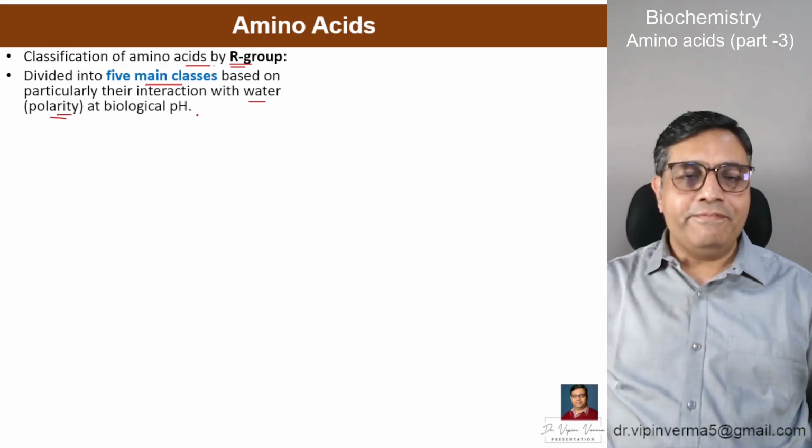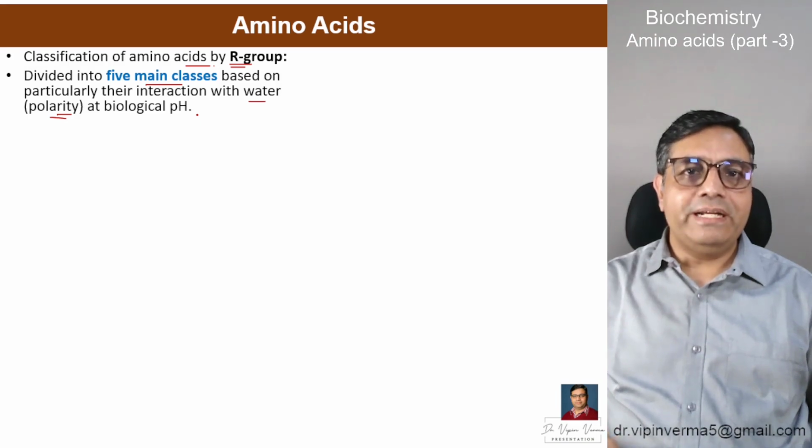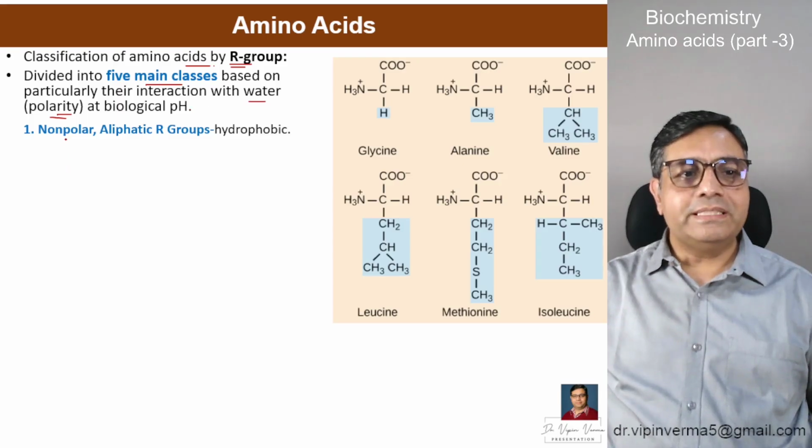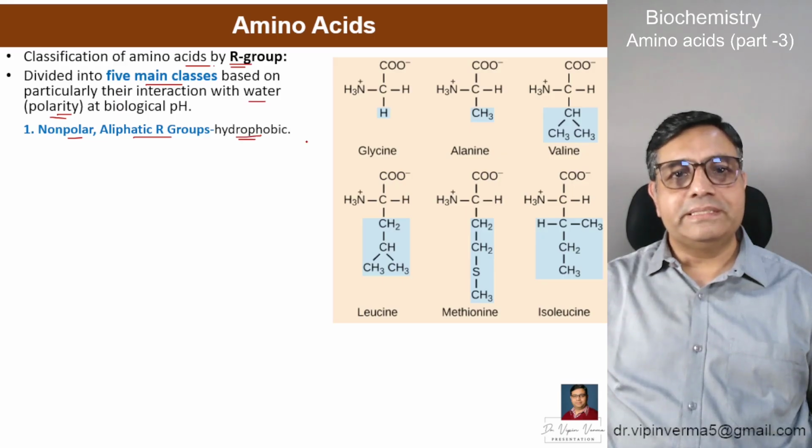When we are concerned about how side chains interact with water and how such interaction contributes to the properties of the amino acids, we divide these amino acids into five classes. The first class is the non-polar aliphatic R groups, and they make hydrophobic amino acids.